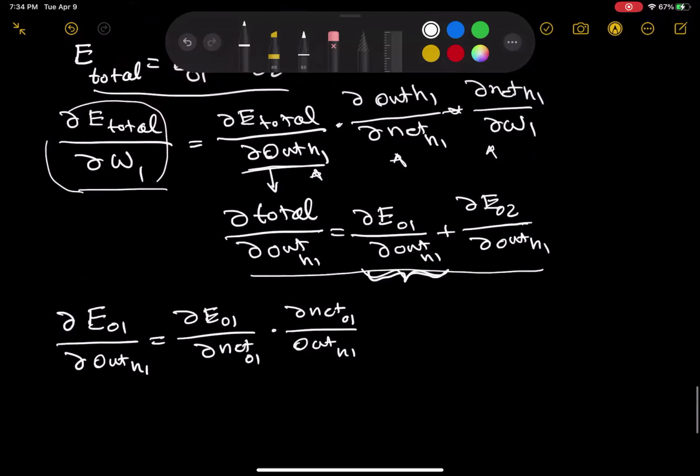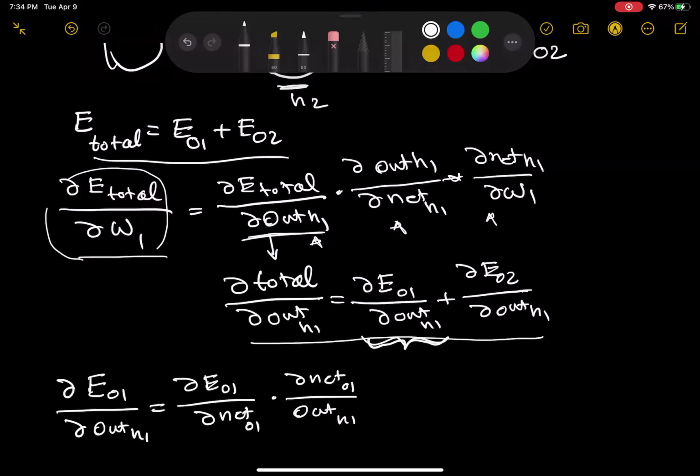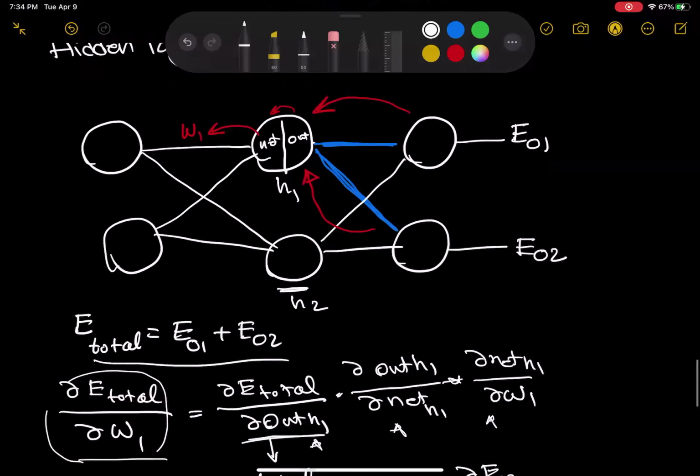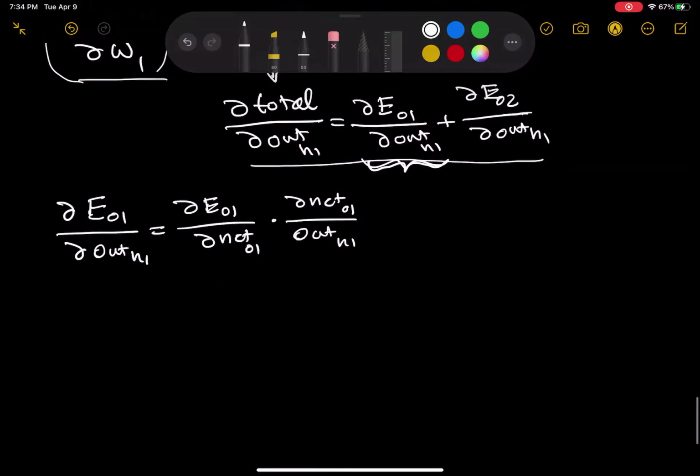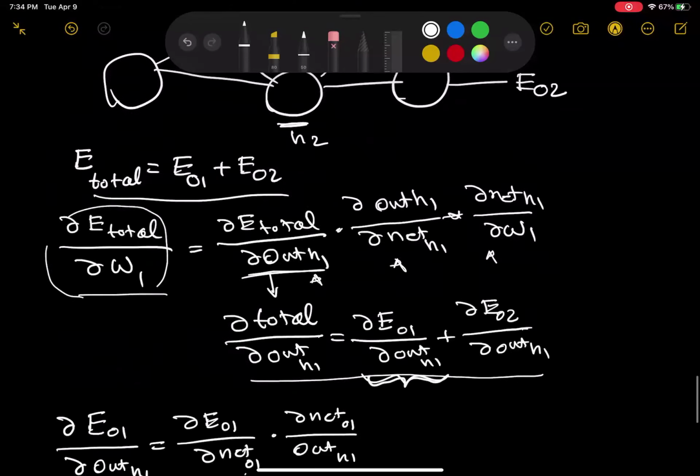Once again, in order to convince yourself, see E of O1, net of O1, out of O1 here. E of O1 is the amount of error I have, with respect to net of O1 and out of O1.